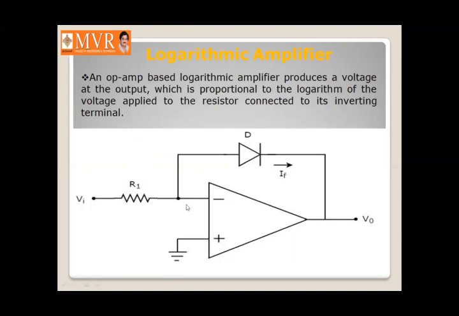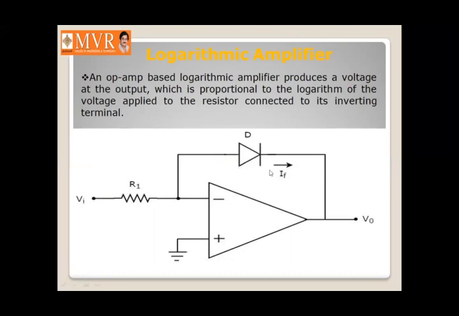And here the feedback is provided with a PN junction diode, such that the P terminal, that is the anode, is connected to the inverting input, and the cathode is connected to the output of the operational amplifier.